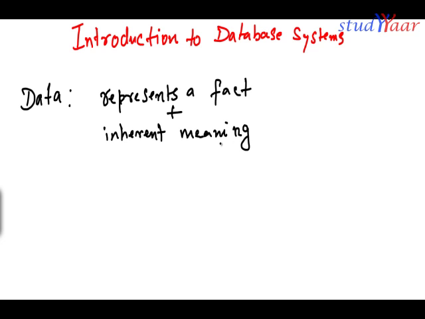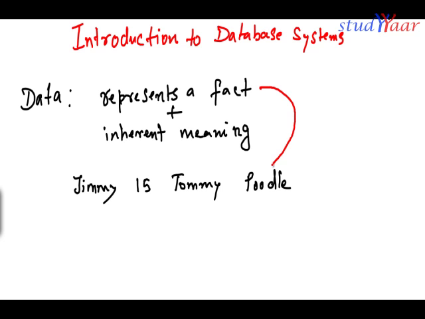To make this distinction very clear, let us take an example. I'll give you some information, okay? Let the information be Jimmy, 15, Tommy, Poodle. Now, do you think that this information represents data? So let's ask a question. Does it represent a fact?